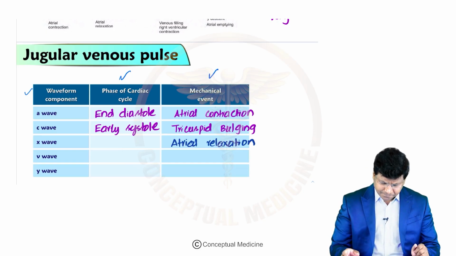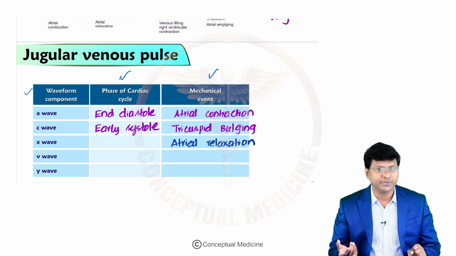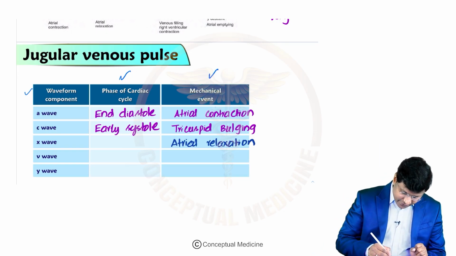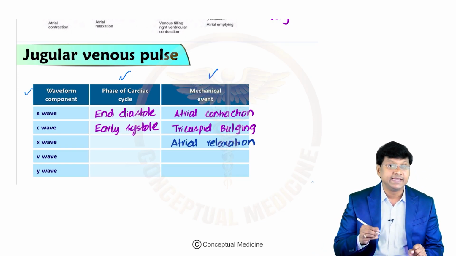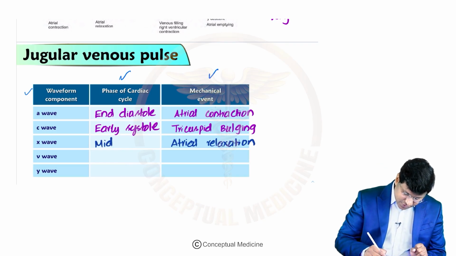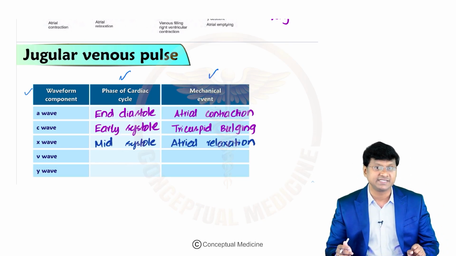So when the atria is relaxing, what will the ventricle be doing? The ventricle will be contracting, and it will be in the mid-systolic phase. So after early systole, what is the next event in the cardiac cycle? That will be mid-systole.